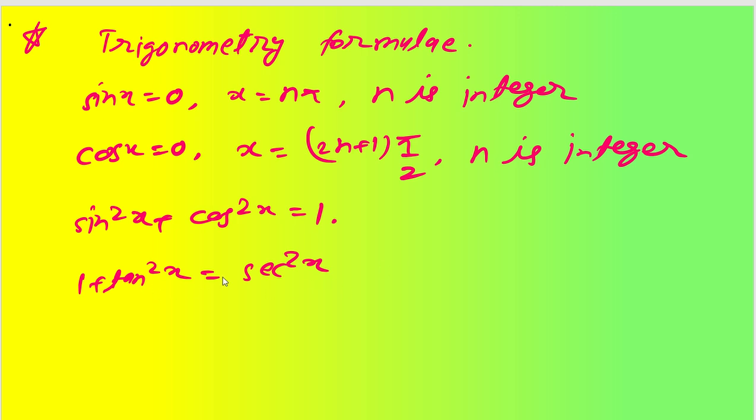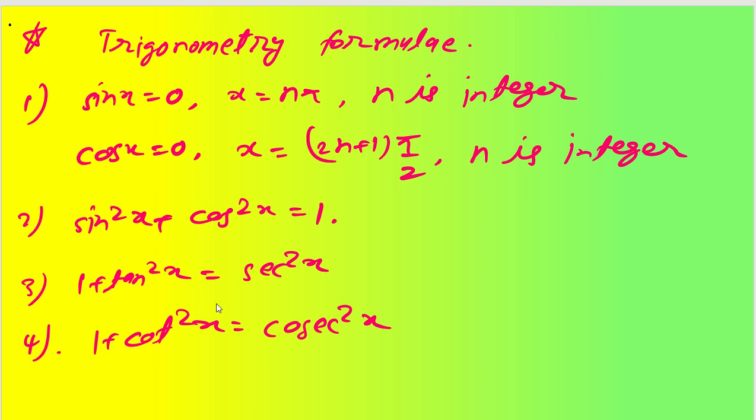All these things you can do by yourself, however the basic formulas I am just telling you. This was my first one, this is my second, this is my third. Fourth one is 1 plus cot square x is equal to cosec square x.